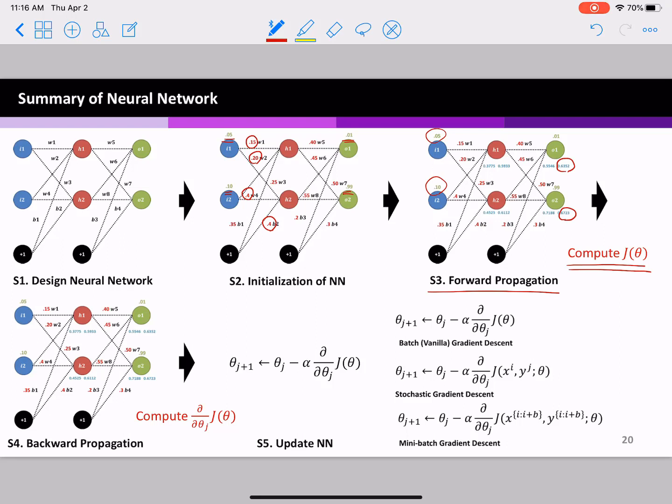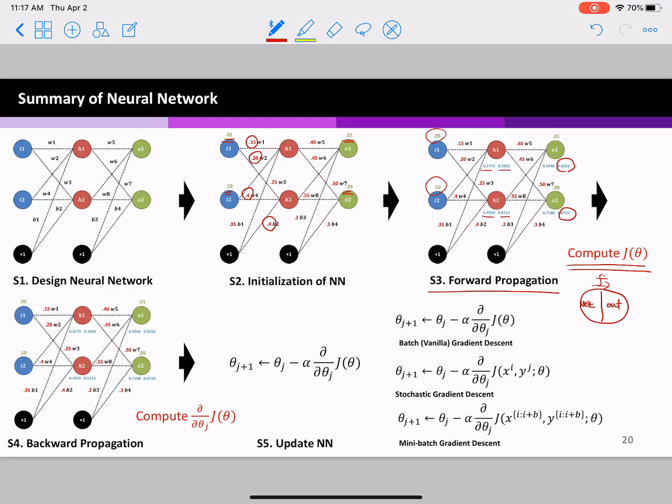Here is the net value, and here is the output value after the activation function, right? This blue value indicates the value on each neuron.